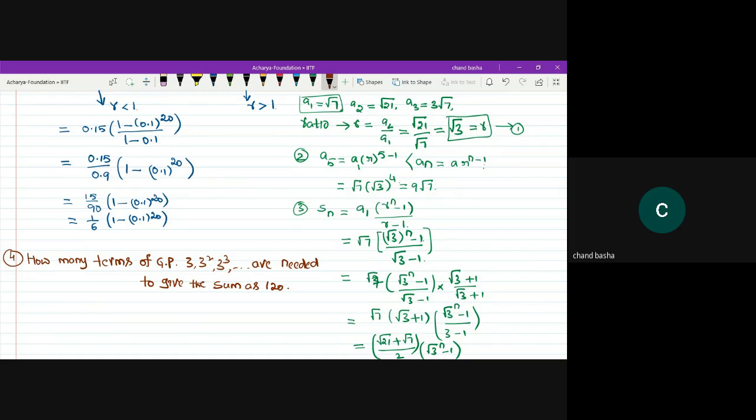Make use of Sn formula, and then you can proceed. And before going to that, just find out R value.